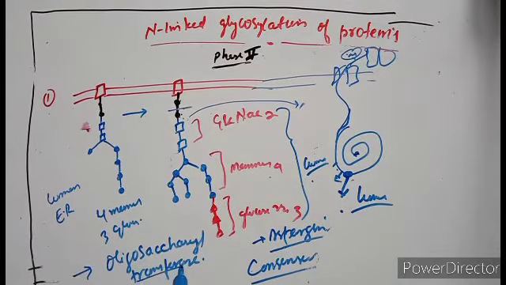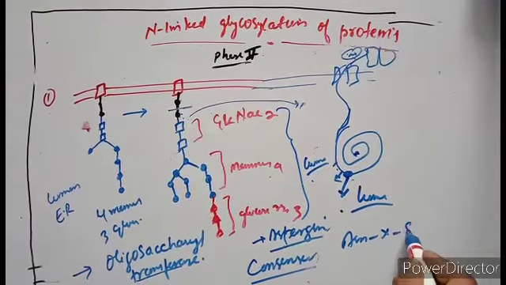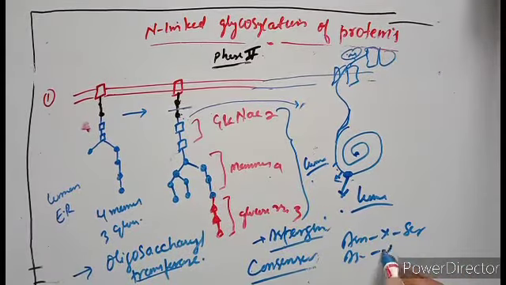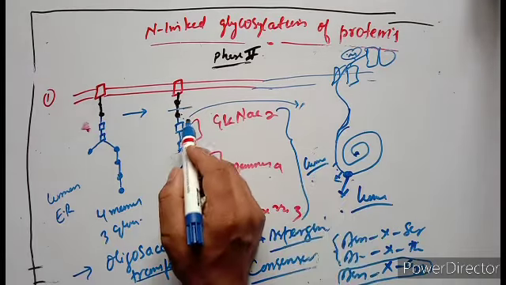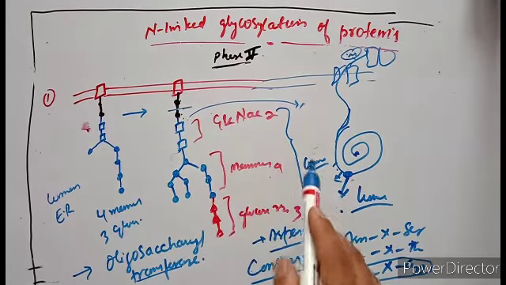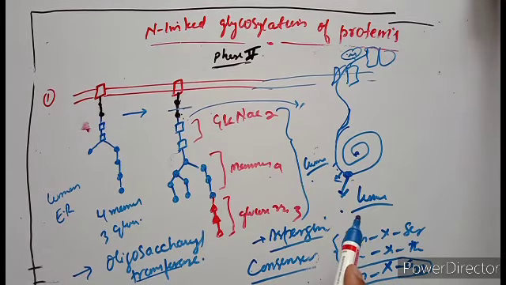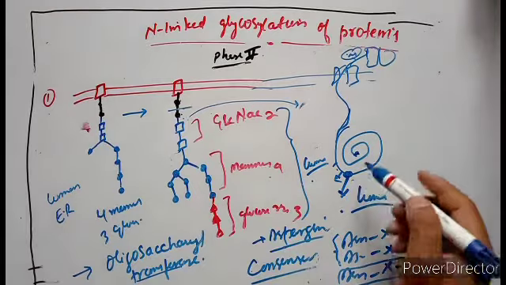So this enzyme recognizes the consensus sequence, that is, I've already told: Asparagine-X-Serine, Asparagine-X-Threonine, and Asparagine-X-Cysteine. So this is a very rare condition. So normally the oligosaccharyl transferase will detect these consensus sequences and causes the transfer of this particular glycan to a polypeptide acceptor which is being translated in the endoplasmic reticulum.